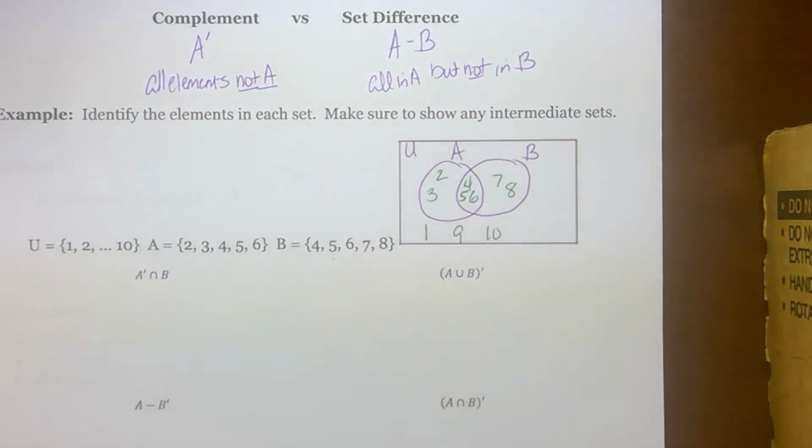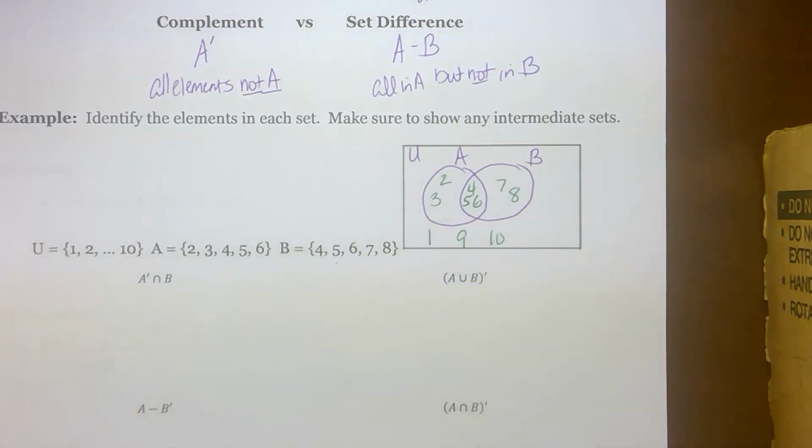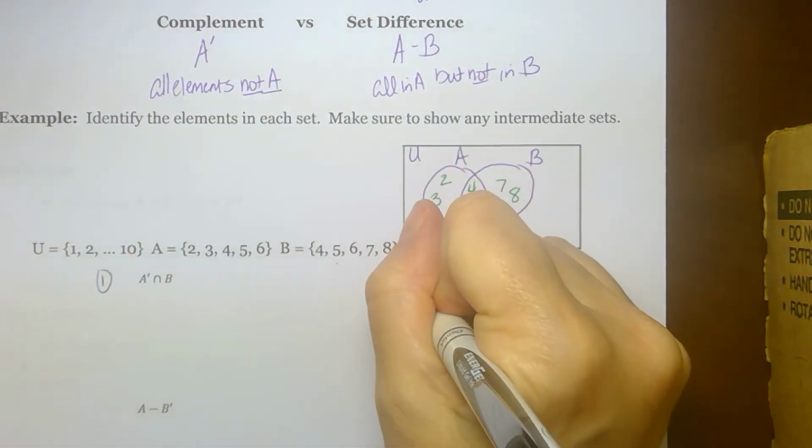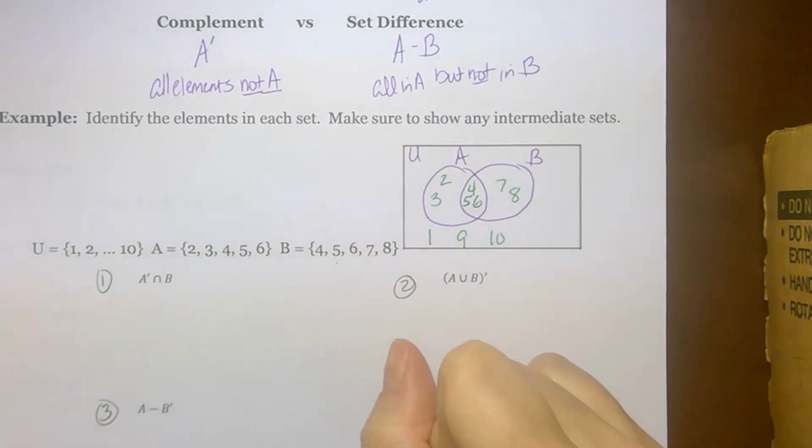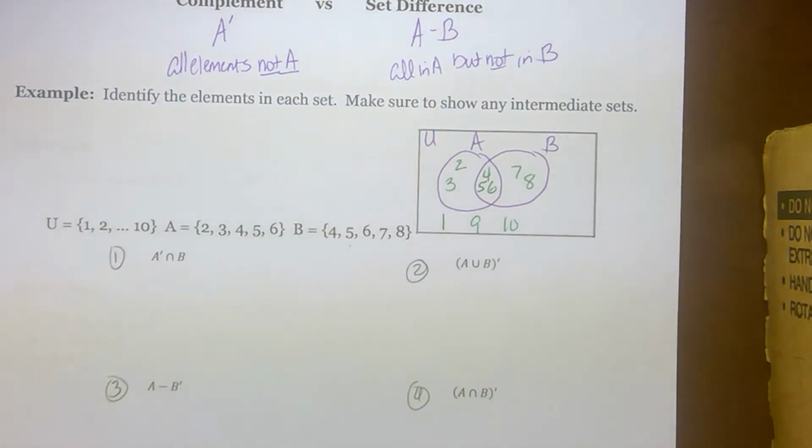Now, to answer these questions, we're going to have to know some intermediate sets. Let's go ahead and number these to make sure that we go in the same order: 1, 2, 3, 4, 5, and 6.